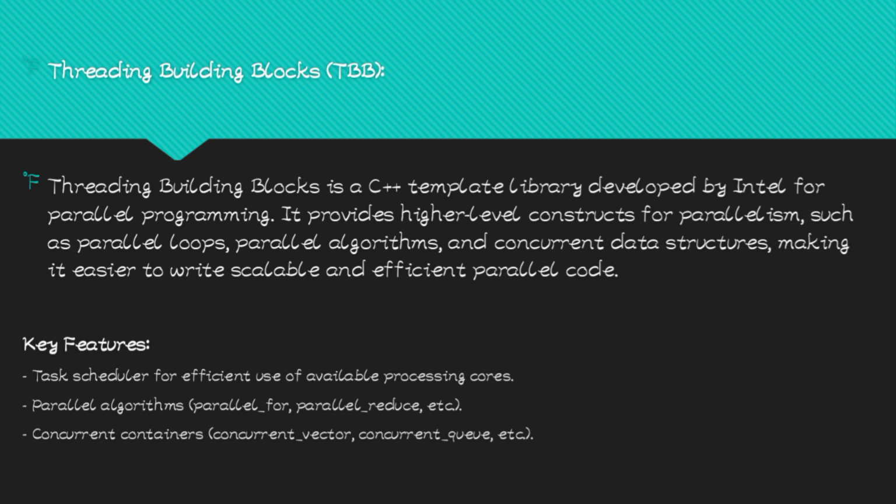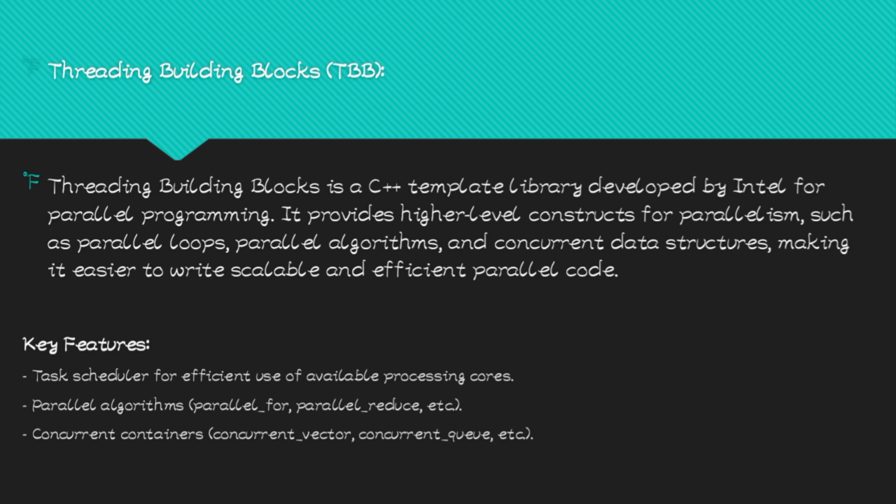And another library we have is Threading Building Blocks, TBB. Threading Building Blocks is a C++ template library developed by Intel for parallel programming. It provides higher-level constructs for parallelism, such as parallel loops, parallel algorithms, and concurrent data structures, making it easier to write scalable and efficient parallel code.